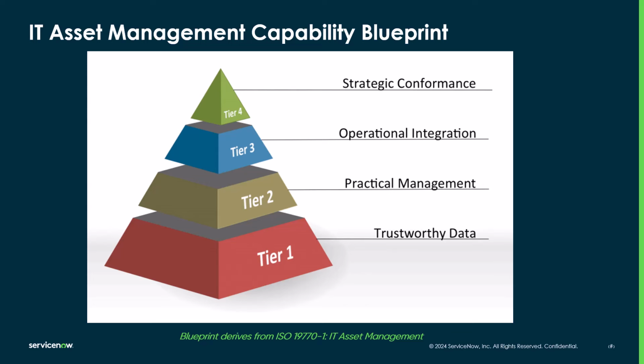It's definitely possible to progress through the capabilities and become best in class in one specific aspect of IT asset management. But what really is important is tier 1 and trustworthy data, and that's what the crawl phase is about. It's about establishing that tier 1 trustworthy data within your instance so you can start building the rest of your ITAM program.